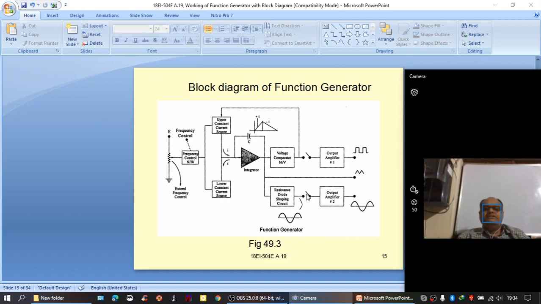Similarly, another function switch provides the sinusoidal signal from the function generator to the output amplifier. And of course, the triangular wave signal from the output of the comparator can be directly taken at the output.